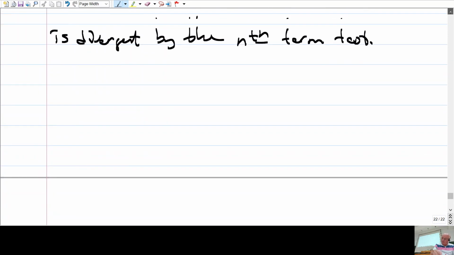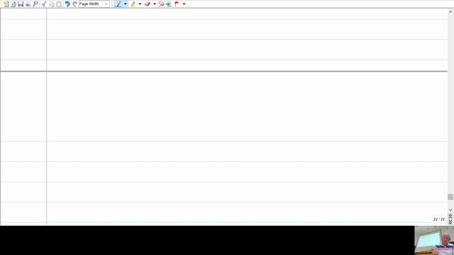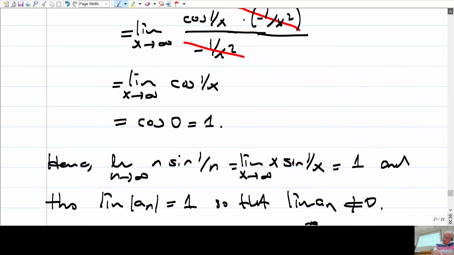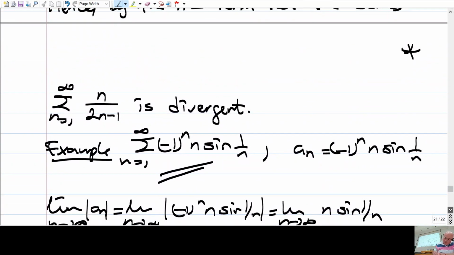So I'll state a couple more theorems. Next one is the following.